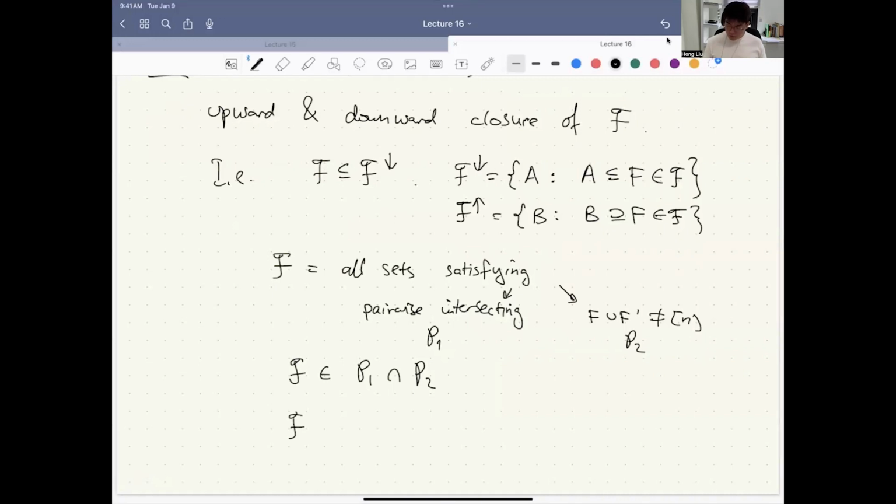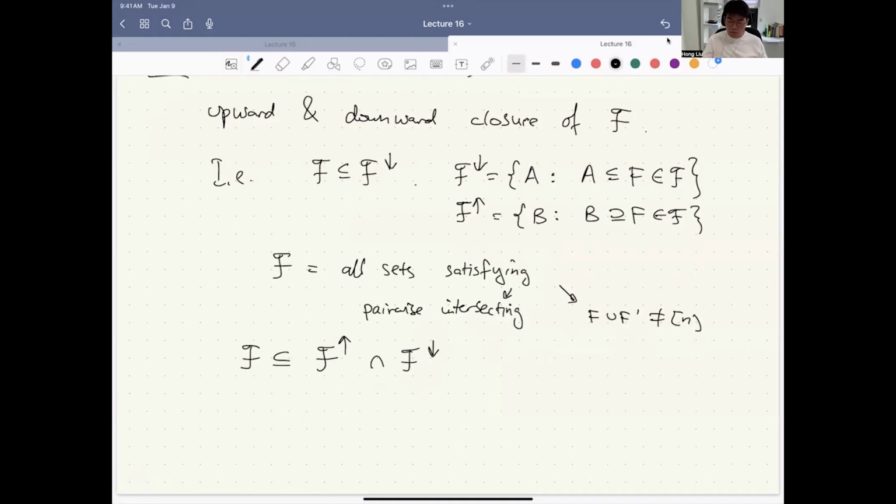Actually, I don't need to write it so complicated. This is for explanation. All we need to notice is that F is a subset of the intersection of these two sets, upward closure and downward closure.